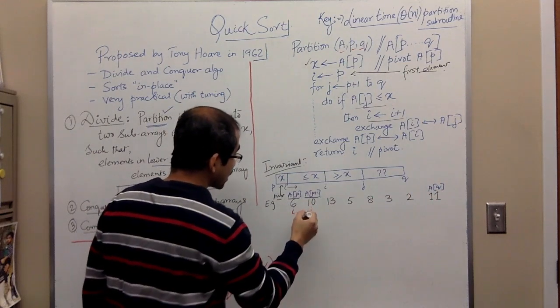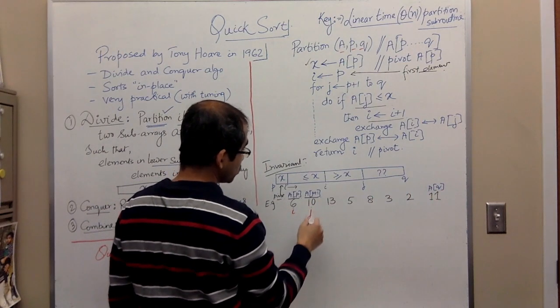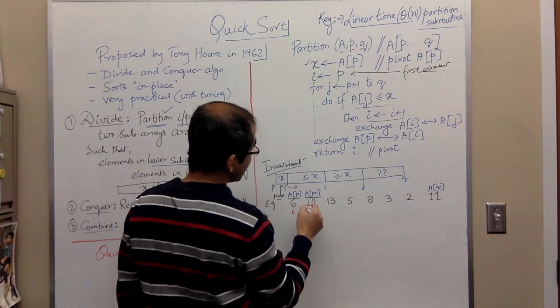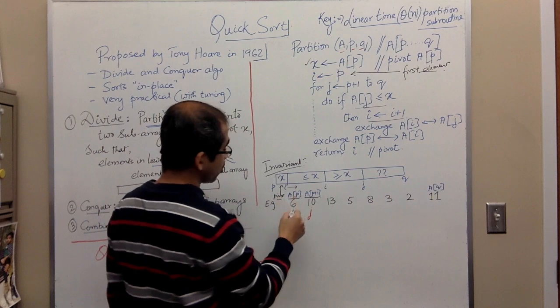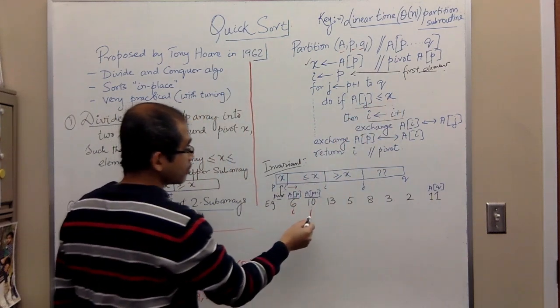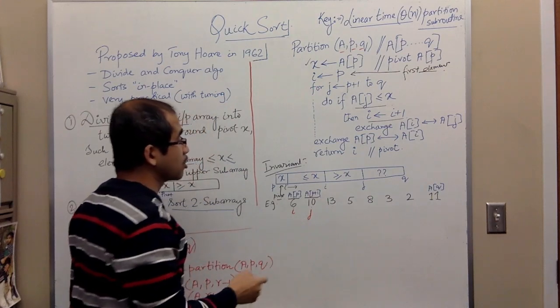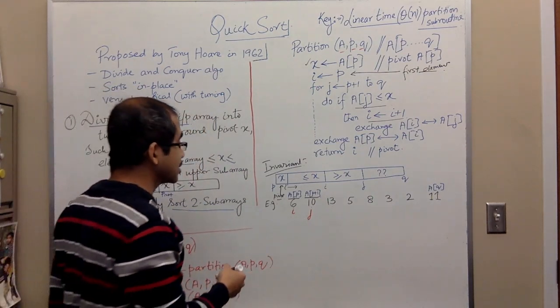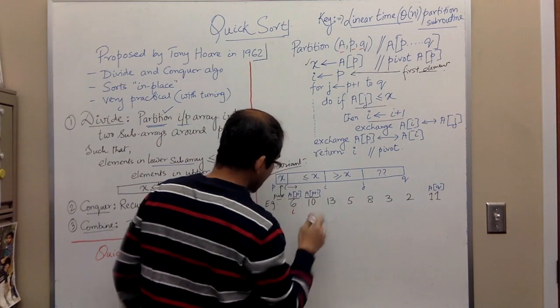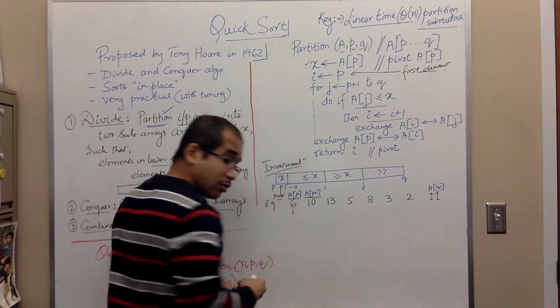After I set these two loop variables, I check, is aj less than or equal to x, the pivot? No, aj is not less than or equal to x. This is 10 and x is 6. So we increment j, and the new j comes here.